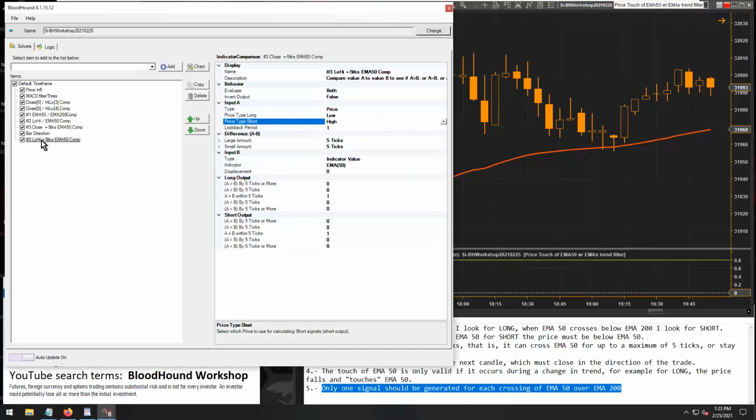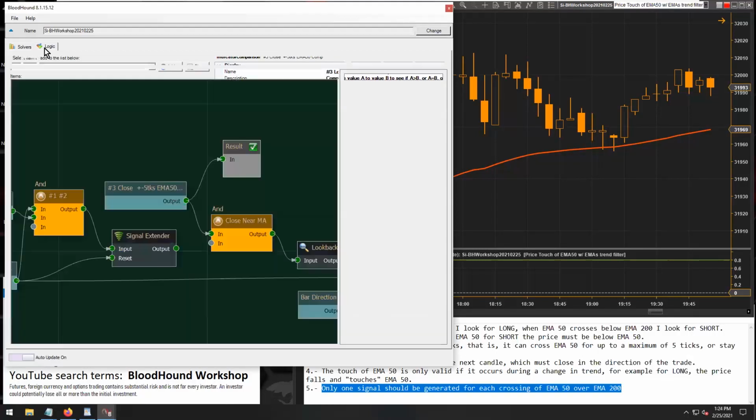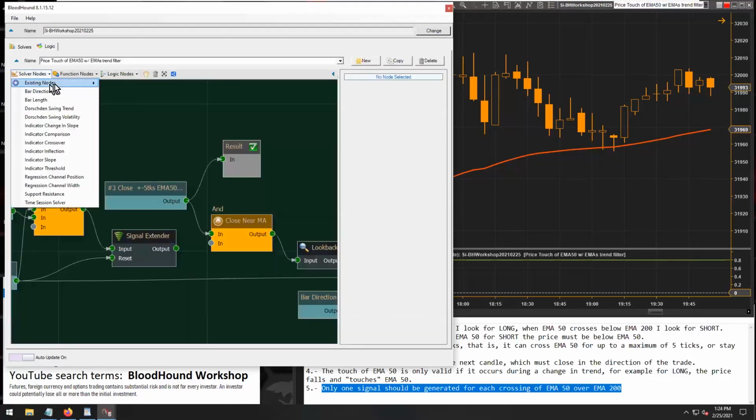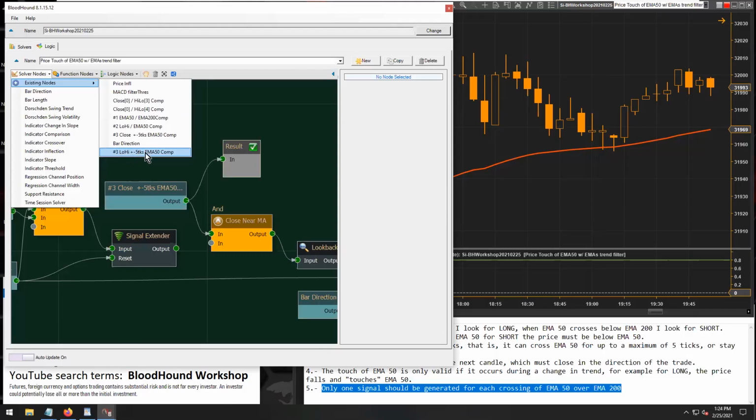So we can check to see if the low or the high gets within our 5 tick range there. Let's put that new solver on the board. There it is, number 3, high-low.